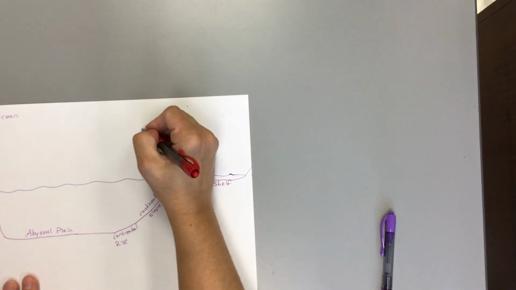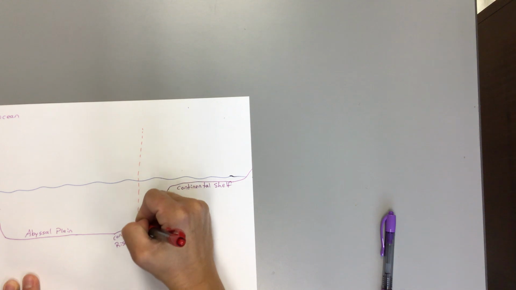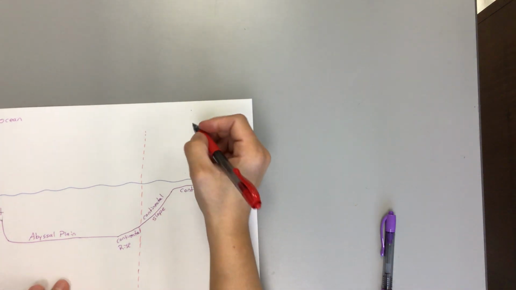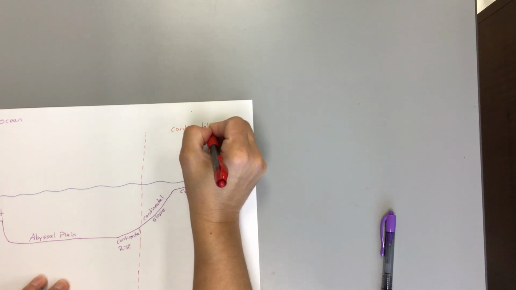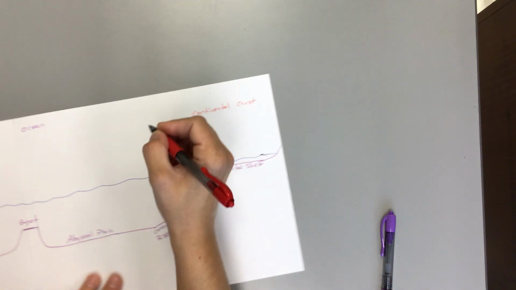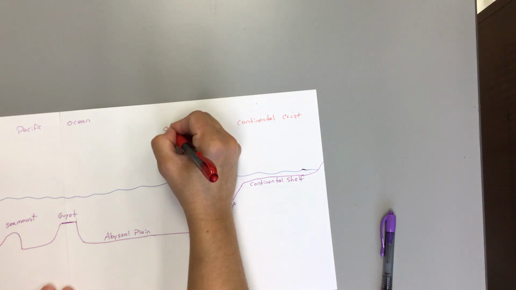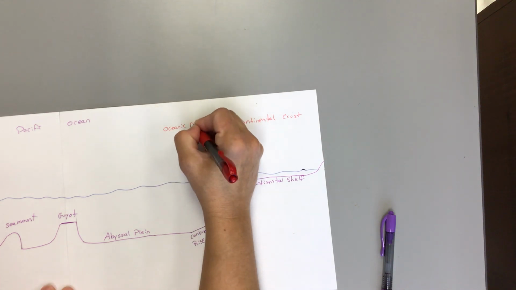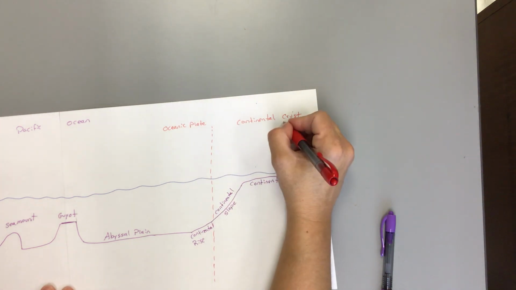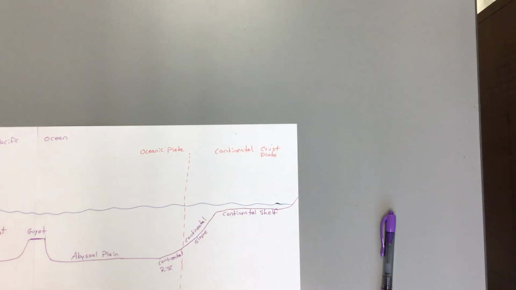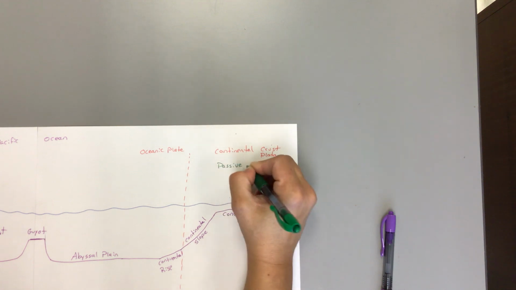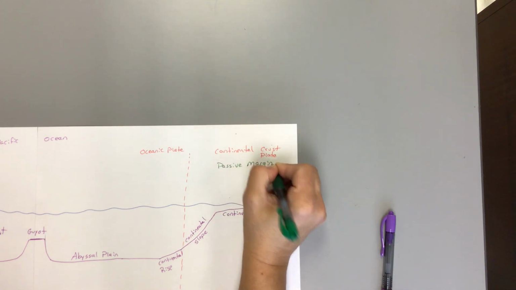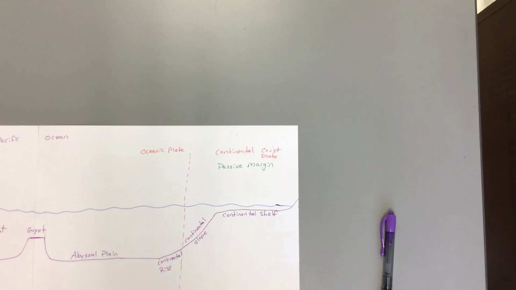I'm going to draw my line to represent the difference in crust. So this is my continental crust. This is an oceanic plate. This is going to be a passive margin, because there's nothing moving. Those plates are not moving in relation to each other.